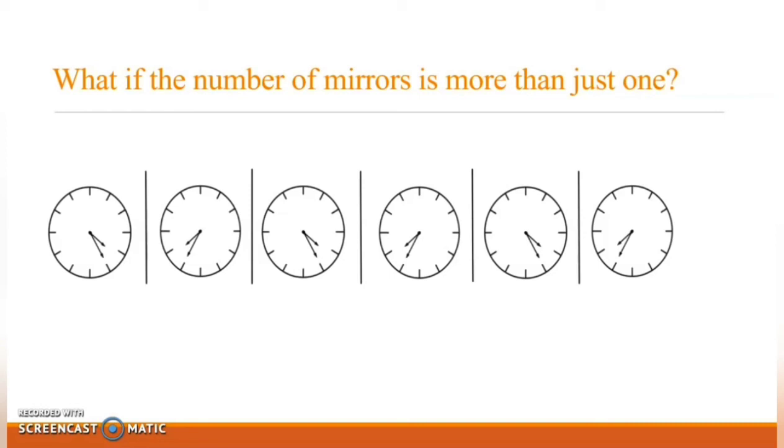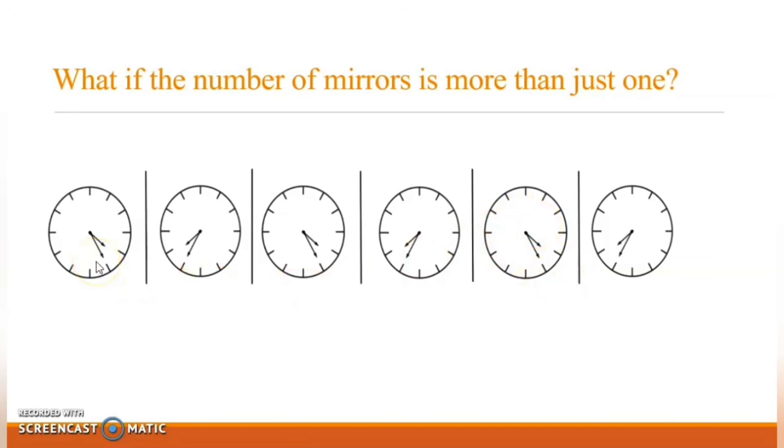mirror image of it. So here, when I have 1, 2, 3, 4, 5 mirrors, the final output that we obtain is the same as when we have only one mirror in front of the clock. And if I have 4 mirrors, then the image obtained is the same as the original one.